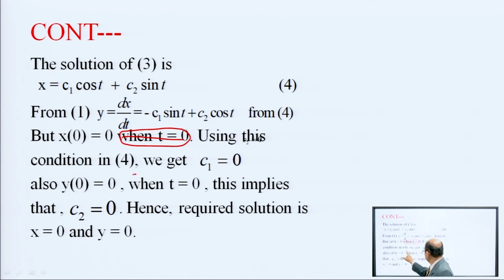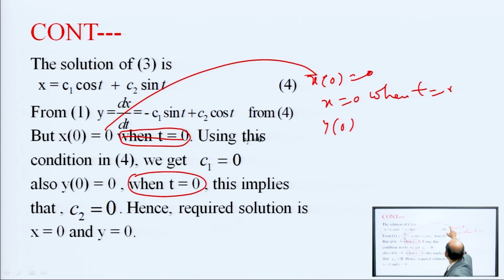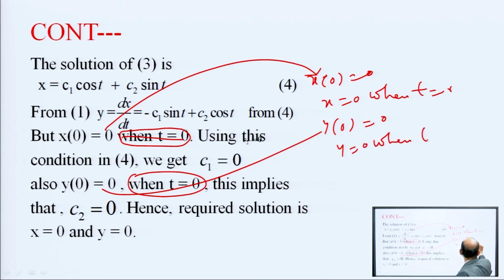Also y 0 is equal to 0 means y is equal to 0 when t is equal to 0, means C1 and C2 both are 0, hence x is equal to 0 and y is equal to 0.